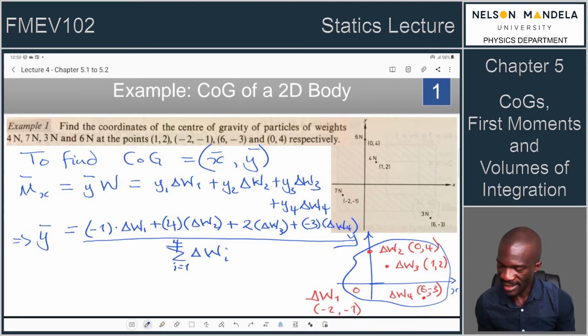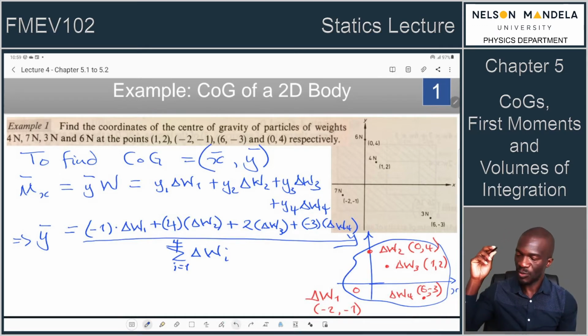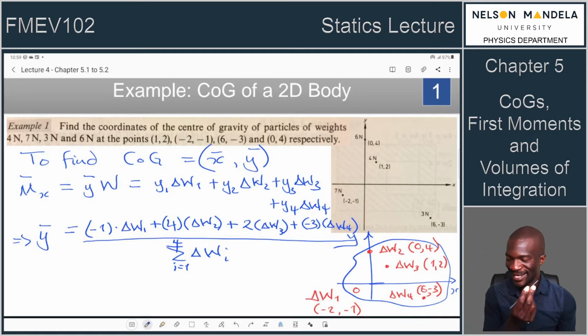Then if you look at the 6 Newton force, it is right on the y-axis, so it has a 0 moment about the y-axis. Then if you look at the 4 Newton force, it would have a negative moment about the y-axis.